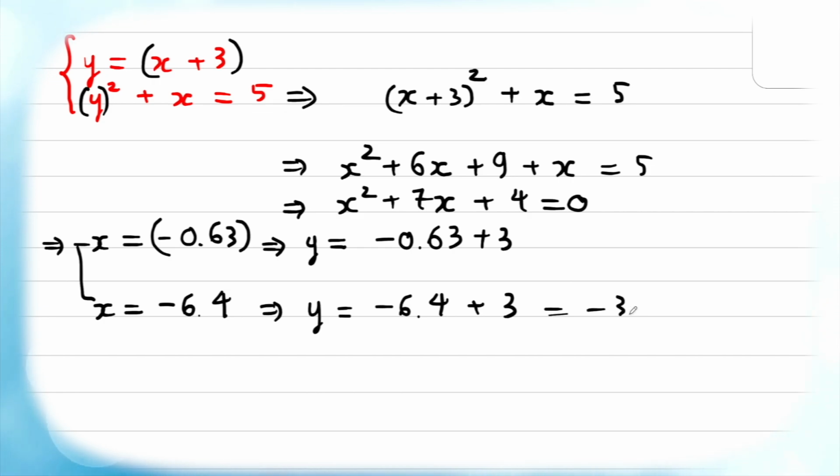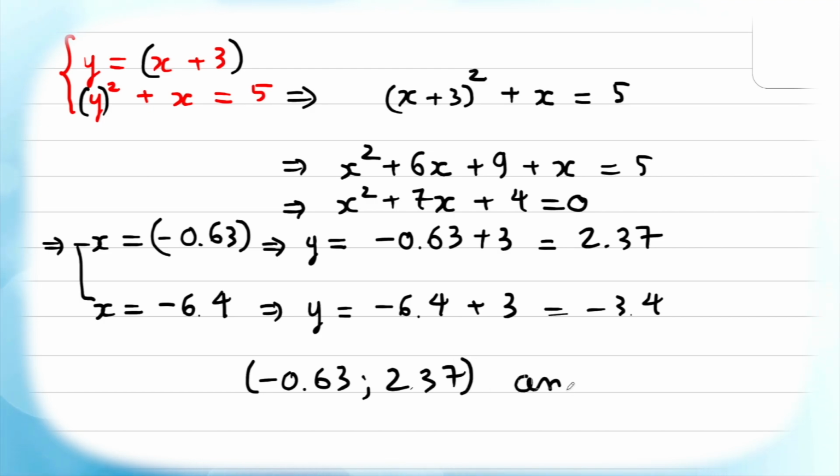The second one is quite easy, but for the first one, 2.37, I think so. So the solutions of this simultaneous equation, x and y corresponding, are here, and for here negative 6.4 and negative 3.4 now. Okay, we finish this question.